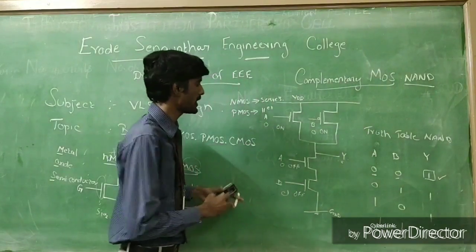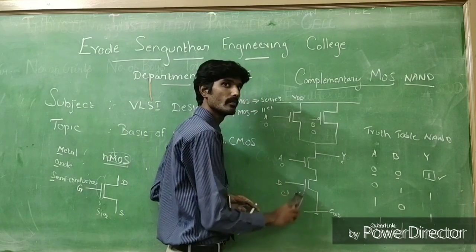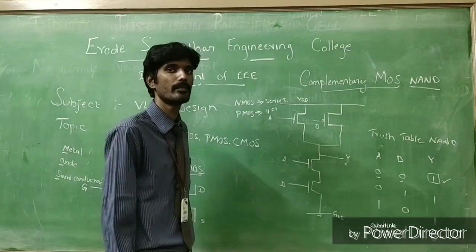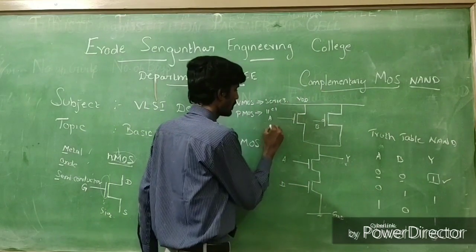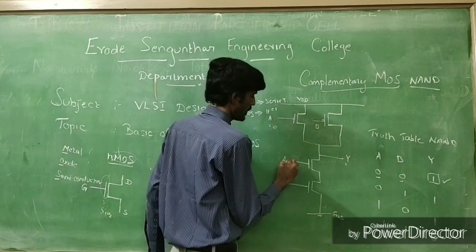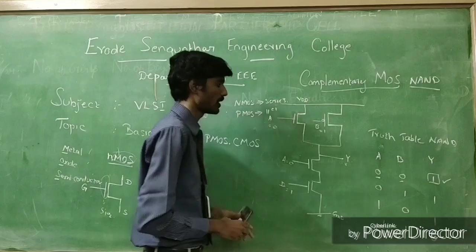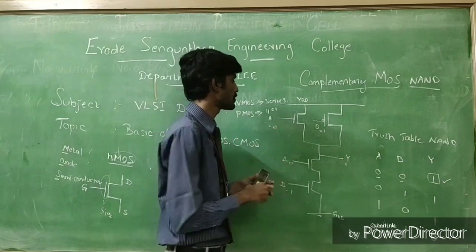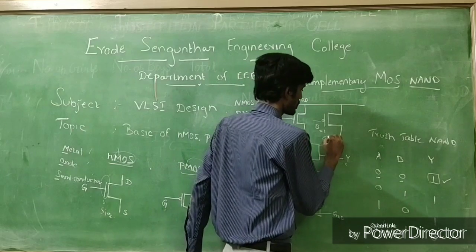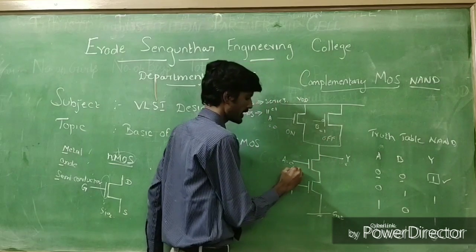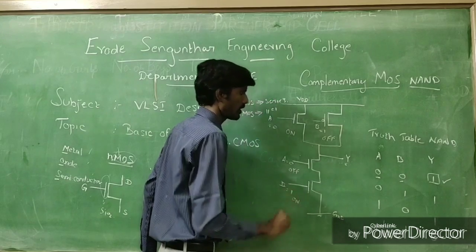Now we apply the second input. A equal to 0 and B equal to 1. The response for A equal to 0: this PMOS is on, and for B equal to 1 this PMOS is off.